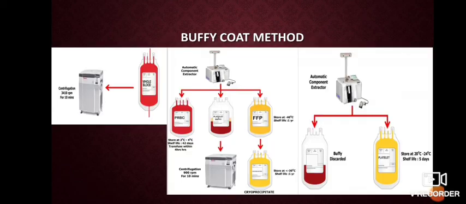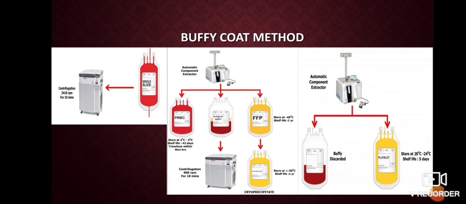In Buffy-Coat method, initially we give a centrifugation of 3410 rpm for 10 minutes, and then using an automatic component extractor or a manual extractor, whichever is available in the institute, we separate them into PRBCs, FFP, which are being cut and separated for storage, and then we have a bag with platelet and Buffy-Coat, which after being hung for a time being of 1.5 hours, then being centrifuged again at 900 rpm for 10 minutes, and then we have Buffy-Coat in separate bag and platelet in separate bag, and this Buffy-Coat is being discarded.